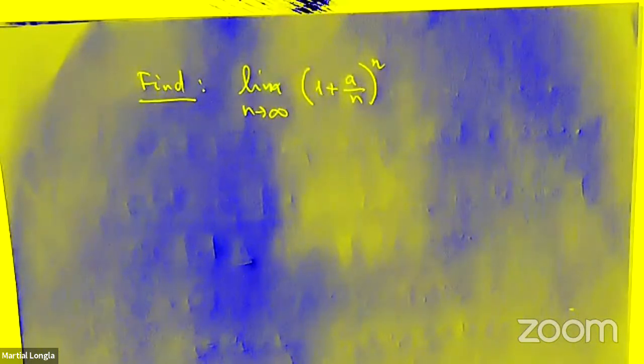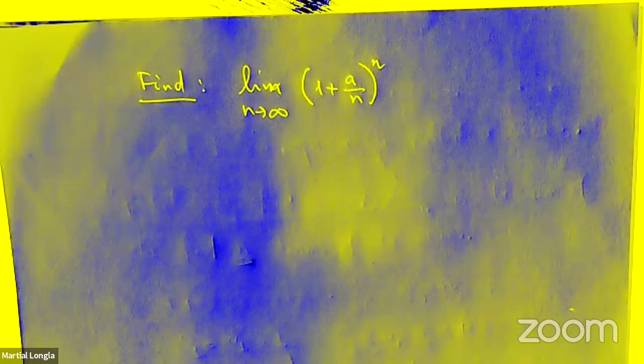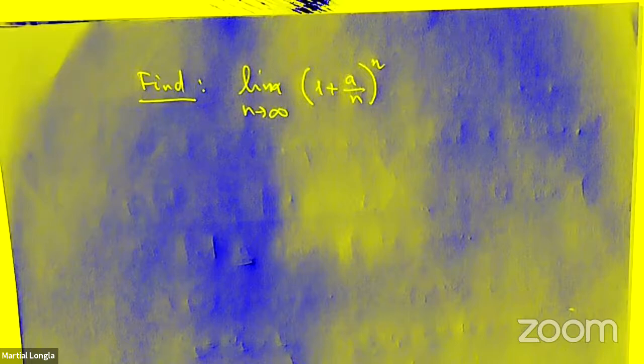So how do we find this limit? We use the properties of limits of functions that apply to sequences as well. The first thing you need to remember is, let's say L is equal to the limit of an as n goes to infinity, and f is continuous.